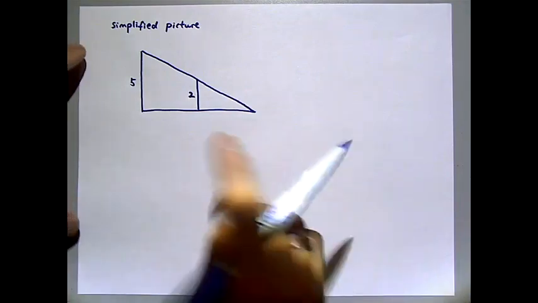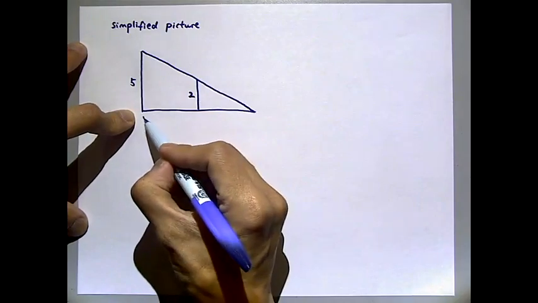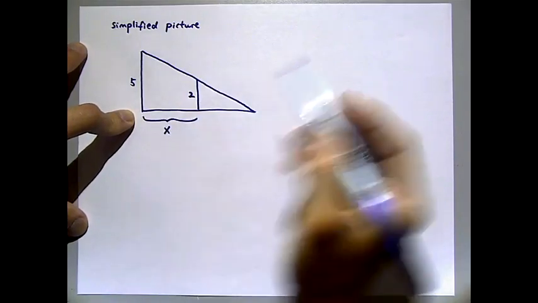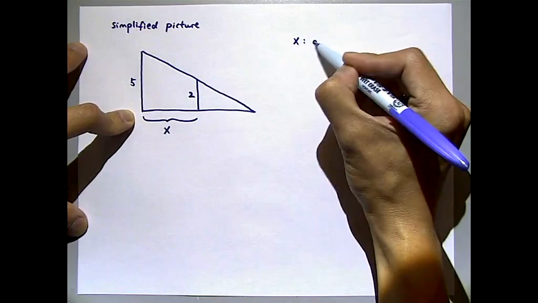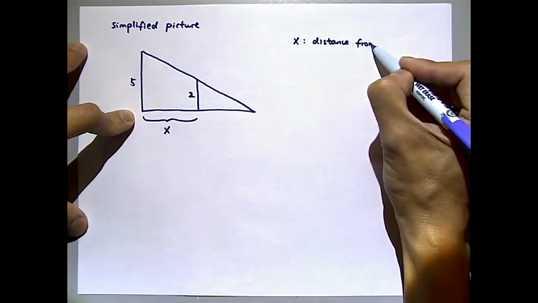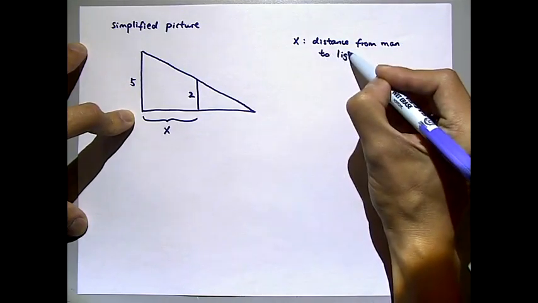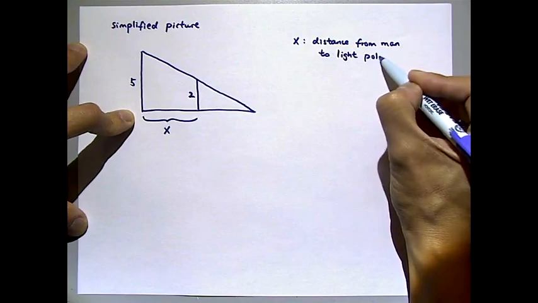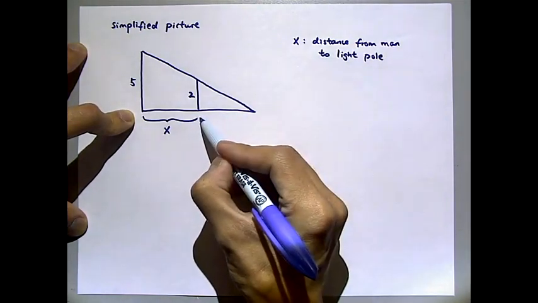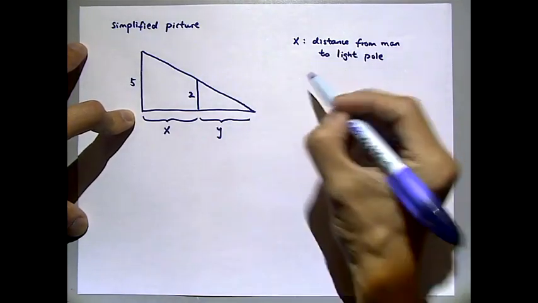I'm going to label the distance from the man to the light pole as x. And I'm going to label the length of his shadow that he's dragging behind him as y.